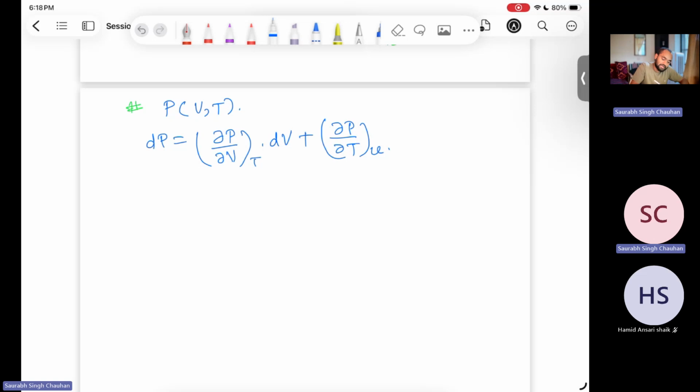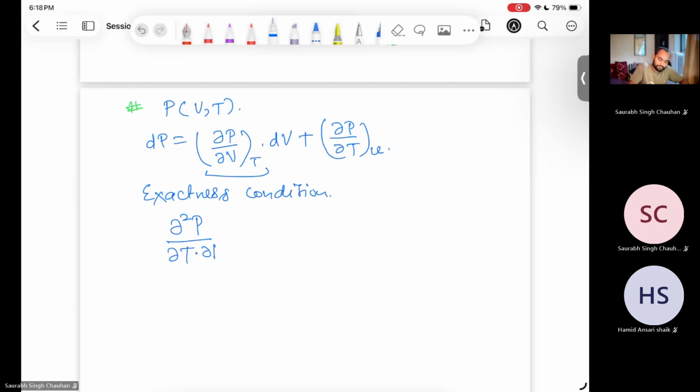Now, if you impose the exactness condition, first we take the partial derivative of the first part with respect to the other variable T. It was first with respect to V, then we take it with respect to T, and that should be equal to the partial derivative in the reverse order.